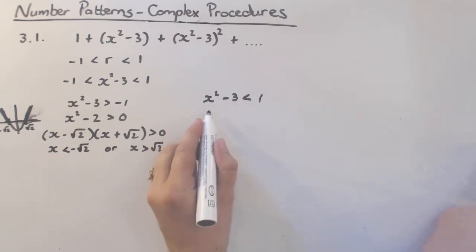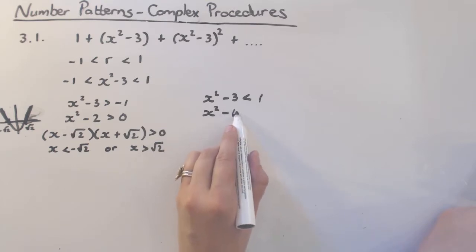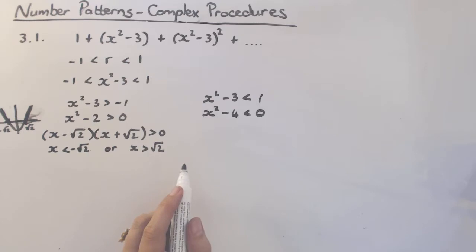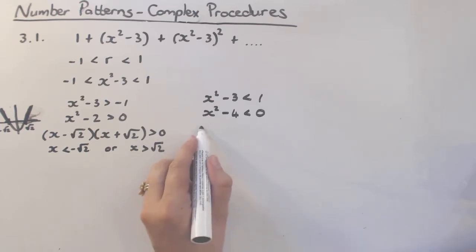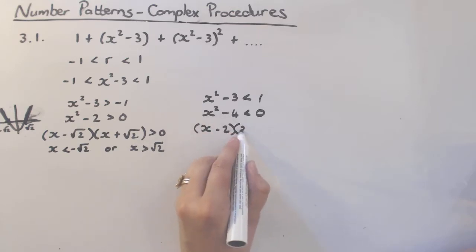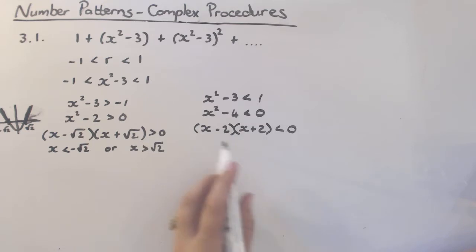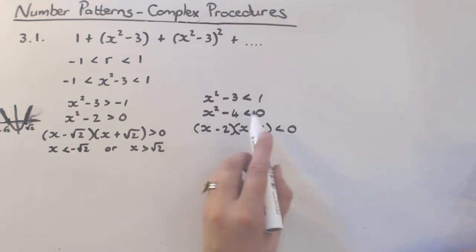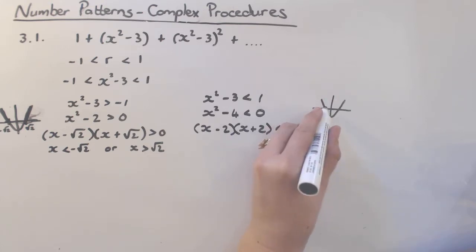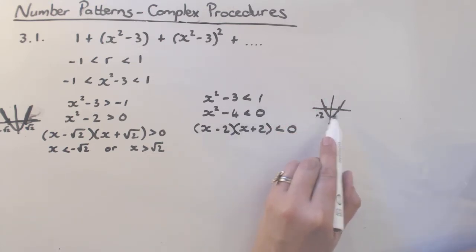From this side, I've got x squared. I'm going to take the 1 over also. So it's x squared minus 4 is smaller than 0. Then x minus 2, x plus 2, difference of squares, is smaller than 0, meaning x must lie. This is also a parabola. X squared minus 4 going through the x-axis at -2 and 2.